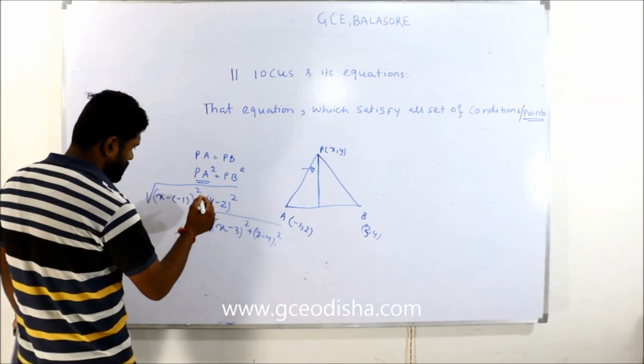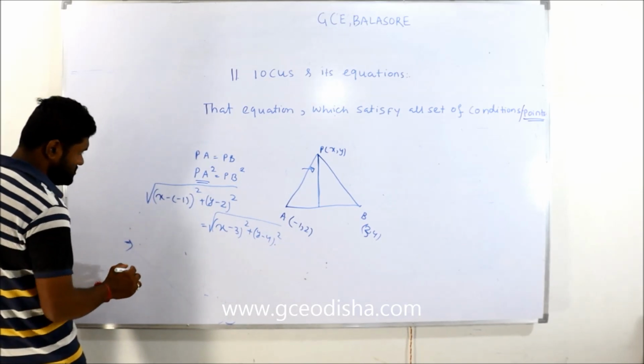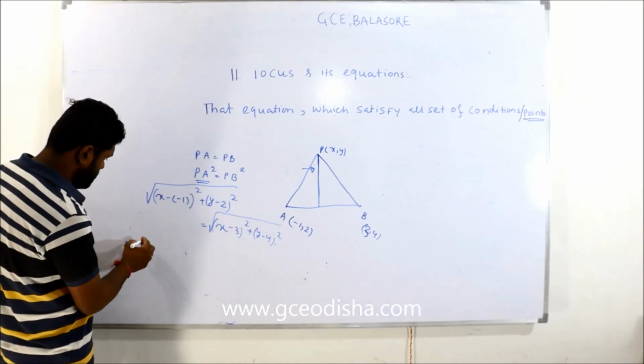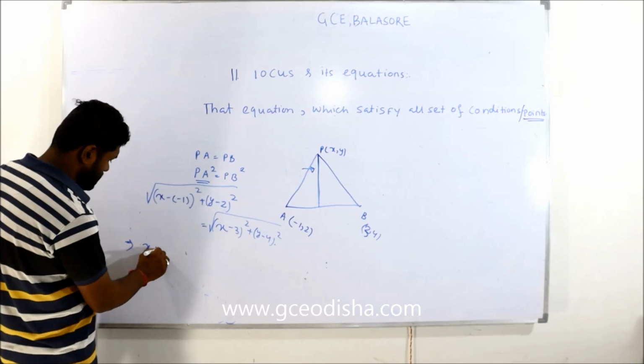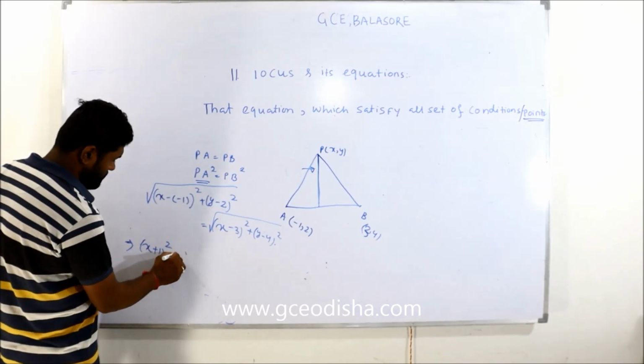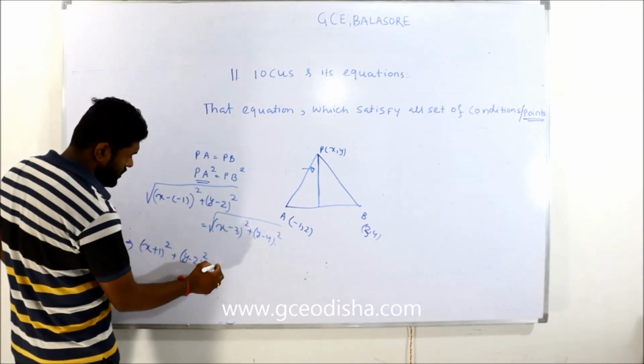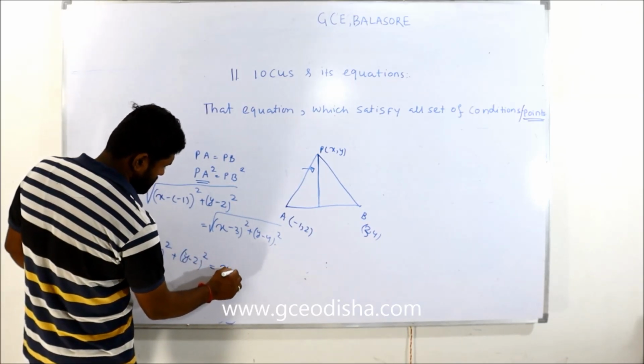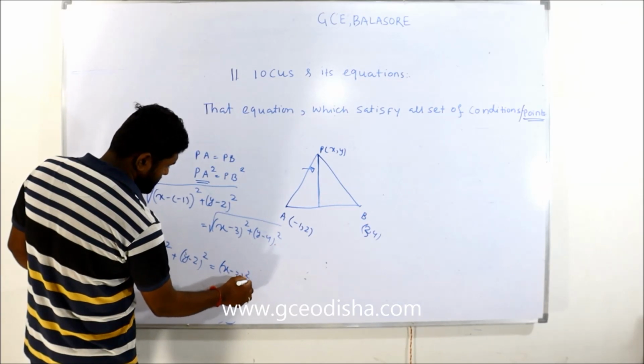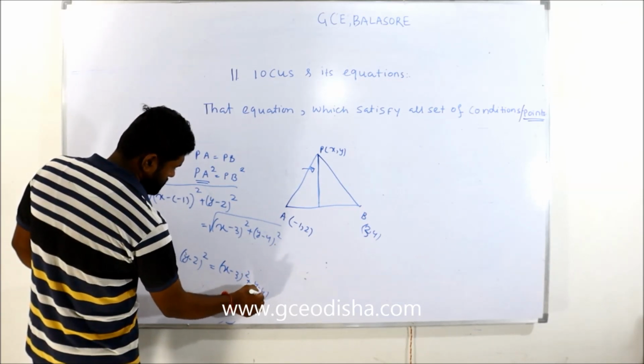When you square both sides, this will come x plus 1 square plus y minus 2 square equal to x minus 3 square plus y minus 4 square.